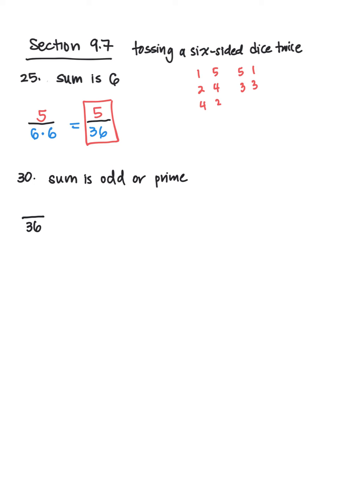Okay, so let's see. What's odd or prime? 2 is odd. No, 2 is prime. So I could do 1 and 1. I want odd or prime. 3, if it adds up to 3. Not 4. Yes, 5. Not 6. 6 is not odd or prime. What about 7? 7 is odd and prime.